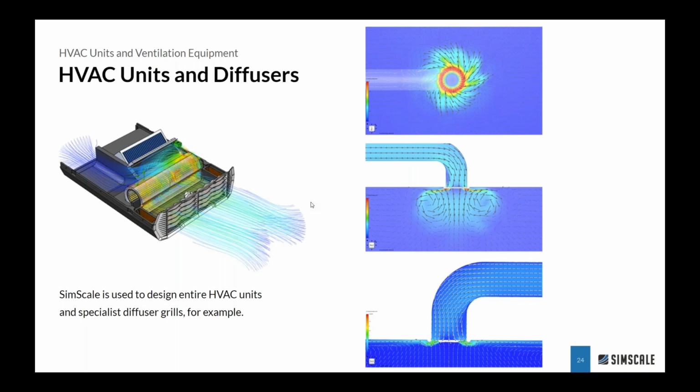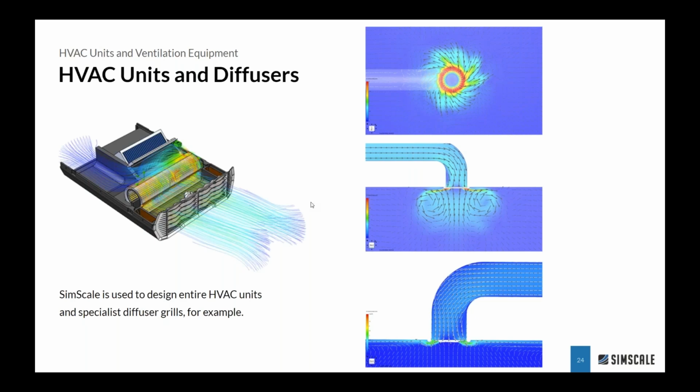Obviously, besides the complete room analysis, you can also focus on different aspects of your ventilation strategy. On the left side, what we can see here is an air conditioning unit from one of our customers, Monotroth, where they analyzed the complete behavior of this air conditioning unit with SimScale. And not only the unit itself, but after analyzing and optimizing the internal efficiency of the air conditioning unit, they could also place it virtually inside a virtual classroom and then assess the effectiveness of the unit within an actual classroom design.